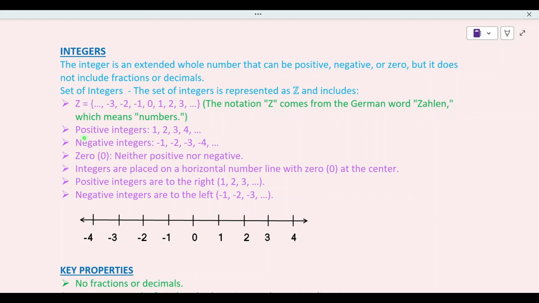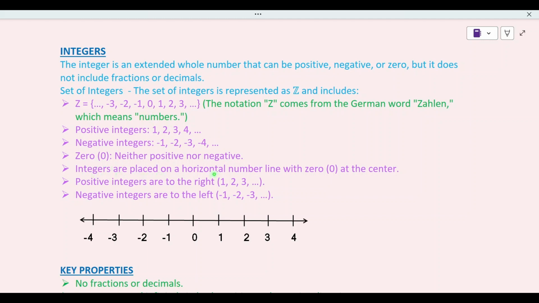Moving further, positive integers are 1, 2, 3, 4, which are on the right side of 0. Negative integers are -1, -2, -3, -4, which fall to the left of 0. 0 is neither positive nor negative.